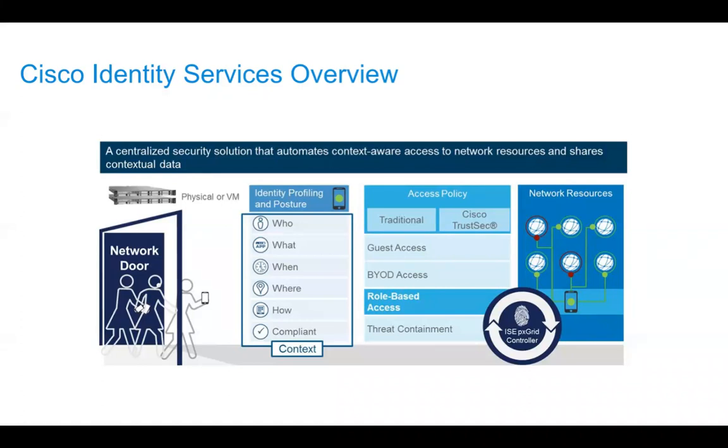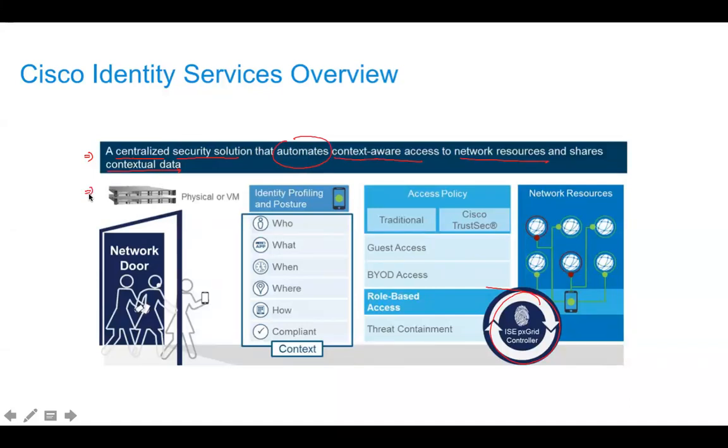Okay, so let's read this definition one more time. Cisco ISE is a centralized security solution that automatically builds context-aware access to network resources, and with the help of pxGrid licenses, shares that contextual data and can also receive contextual data from any XYZ devices.